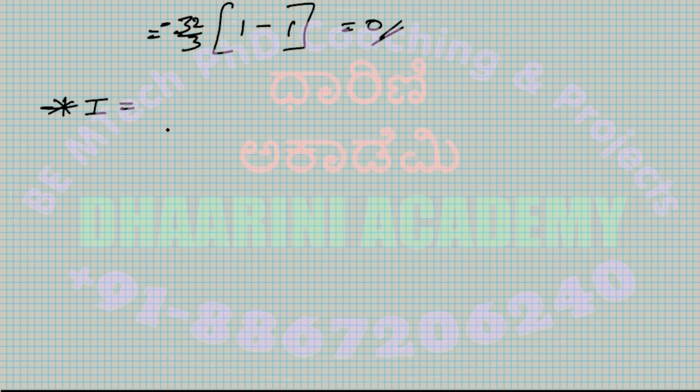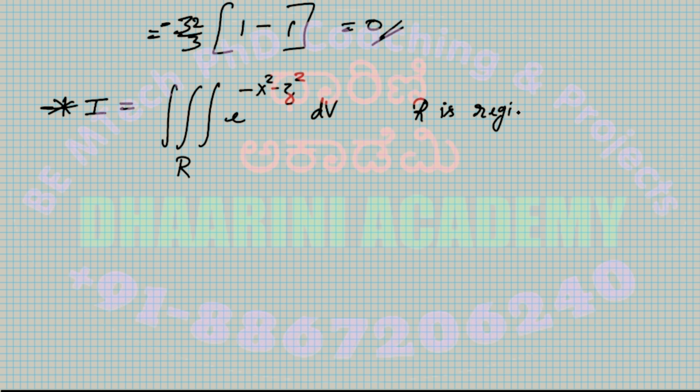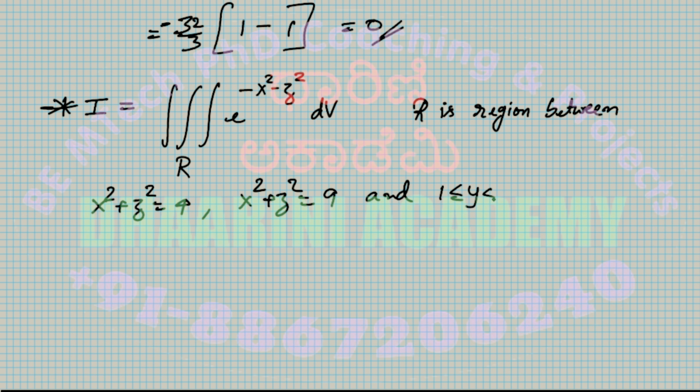I equals the triple integral over the region R of e to the power minus x squared minus z squared dv, and R is the region between x squared plus z squared equal to 4, x squared plus z squared equal to 9, and 1 less than or equal to y less than or equal to 5, z less than or equal to 0.